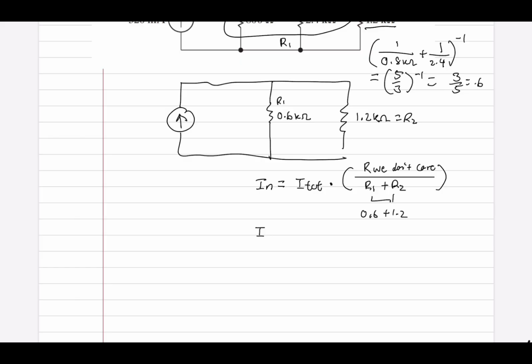I 1.2 kilo ohms will equal the total current that goes into the circuit, which is 320 milliamps, multiplied by the resistor that we don't care about. So that's going to be R1, which equals 0.6 kilo ohms, and that will be divided by the sum of R1 plus R2. If we add these up, it's 1.8.